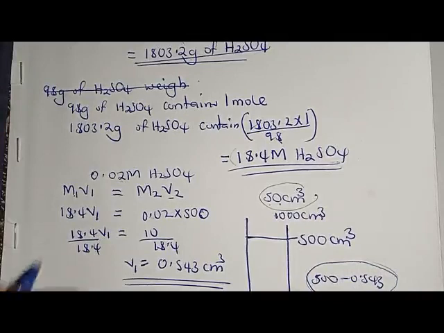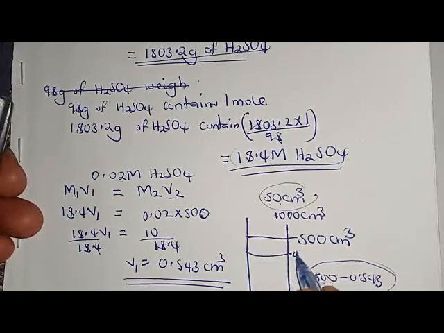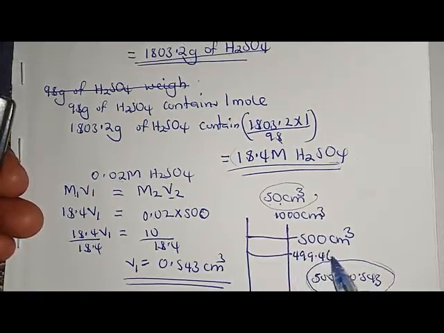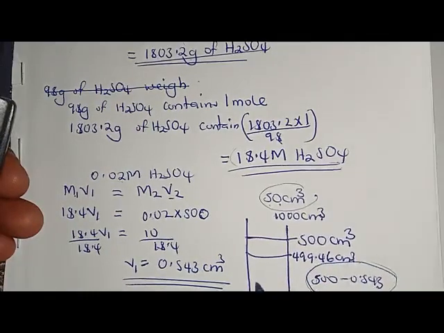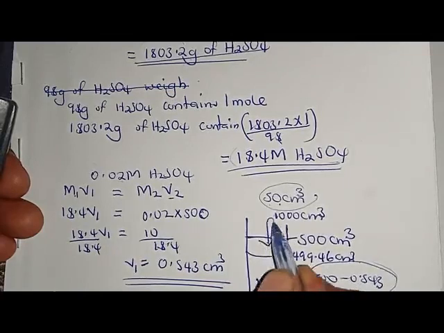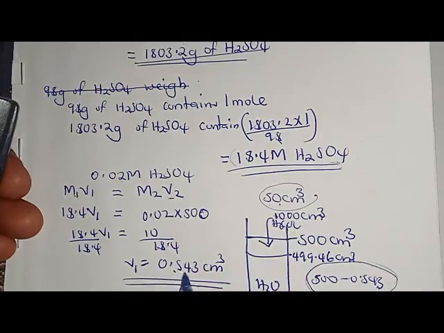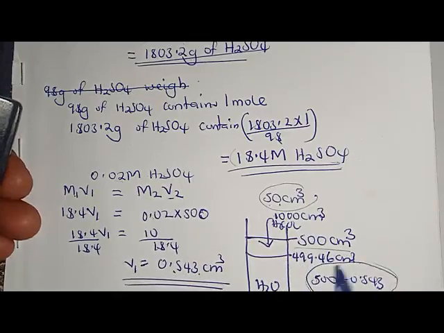So 500 minus 0.543 gives 499.46 cubic centimeters. This is going to be water. Then you add the sulfuric acid, this 0.543, so that the total solution is 500 cubic centimeters.